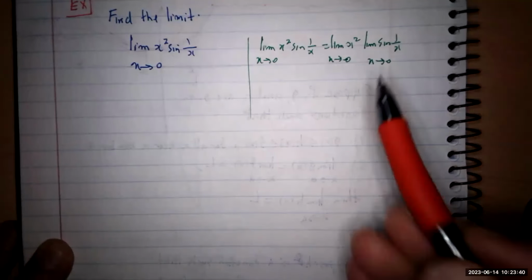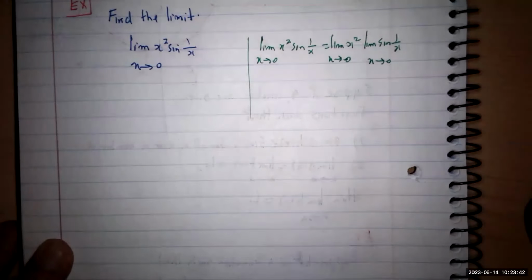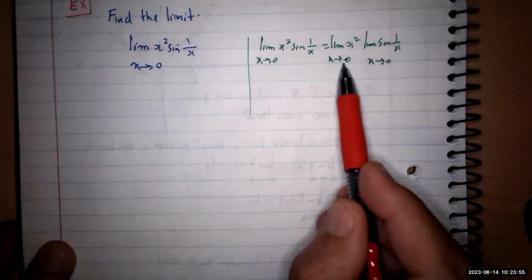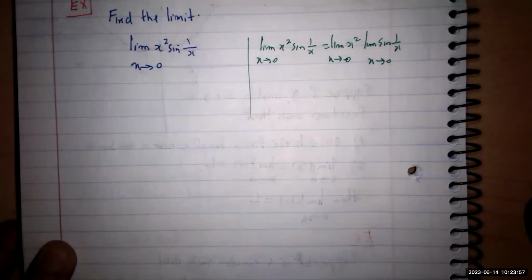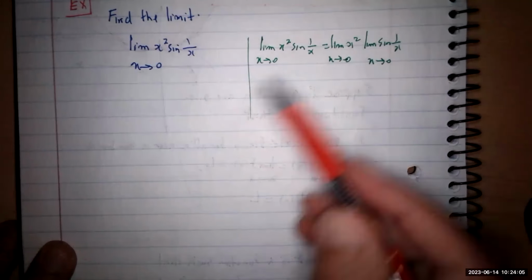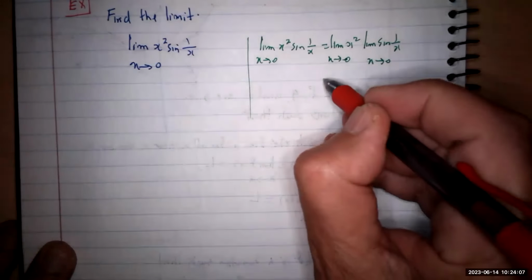Then they say, what's the limit of x squared, x goes to 0? Any suggestion? First one? Limit of x squared, x goes to 0? 0. It's a polynomial, you just substitute. If you substitute 0, that gives you 0. So the limit of the first one is 0.